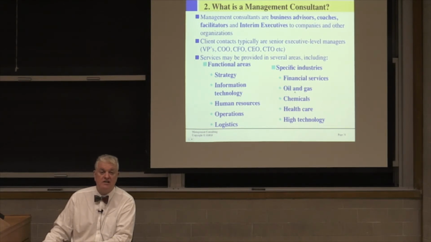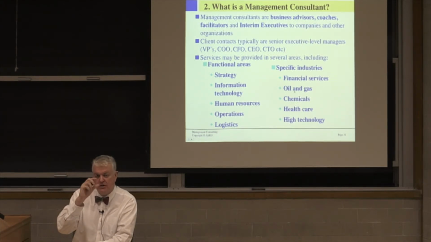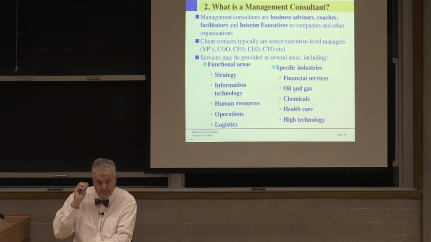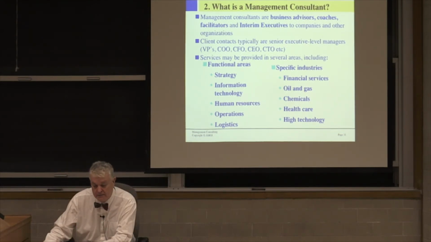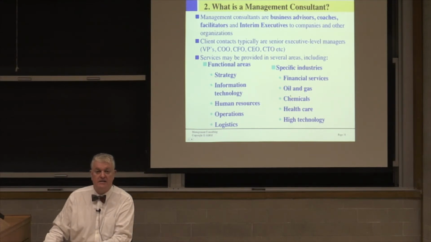He specializes in pricing. Pricing's how do you price your products? And his specialty is the oil industry. He has a relationship with ExxonMobil, specifically for pricing their products. So he flies around the world doing that just for ExxonMobil.